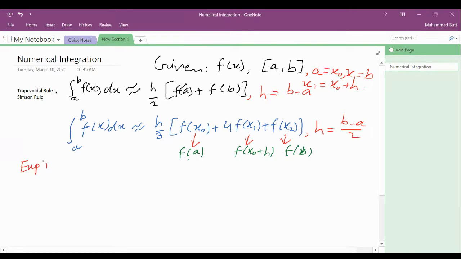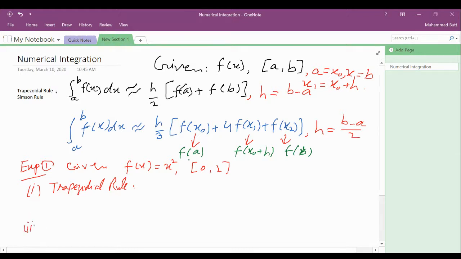You are given f of x equal to x on the interval from 0, and it asks us to find the numerical integration using the trapezoidal rule, and then to find the same using Simpson's rule.